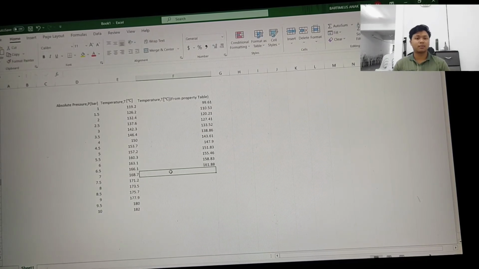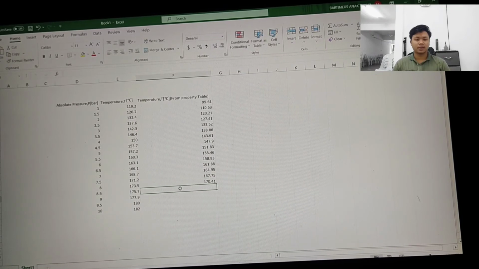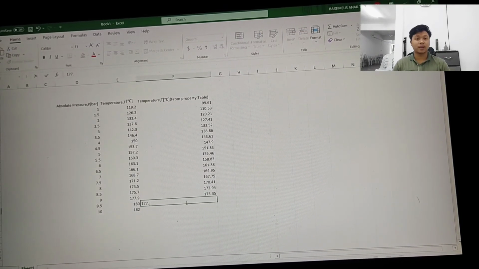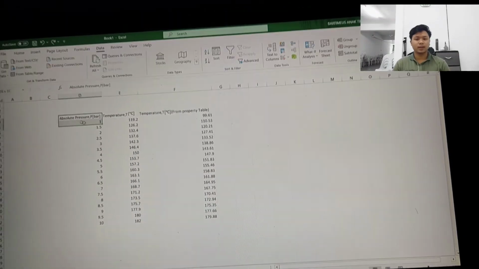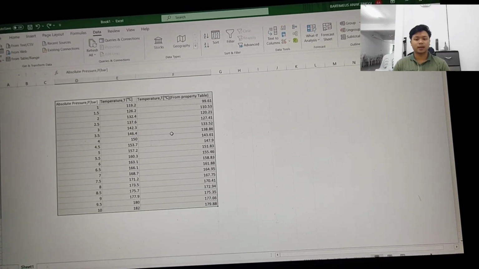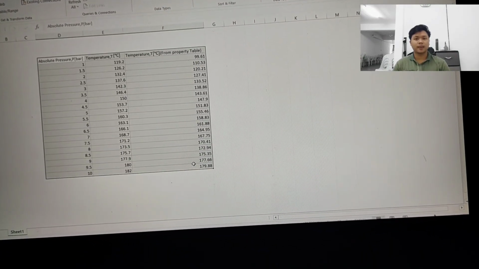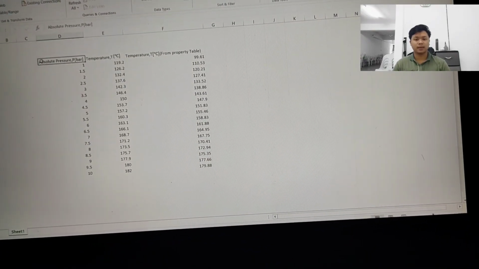You can see for the pressure of 1 bar, I get the value by converting it to kilopascal, kPa.